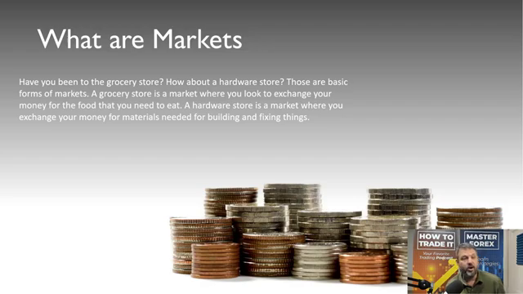So what are markets? All right, now, a market. Yes, this is basic. Have you been to the grocery store or the hardware store? Those are basic forms of markets. A grocery store is a market where you exchange your money for food that you need to eat.